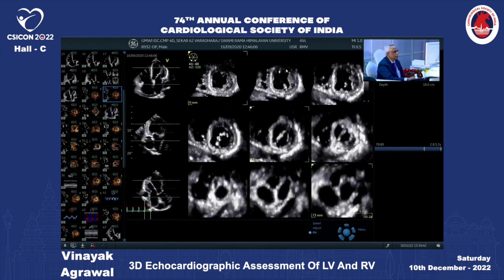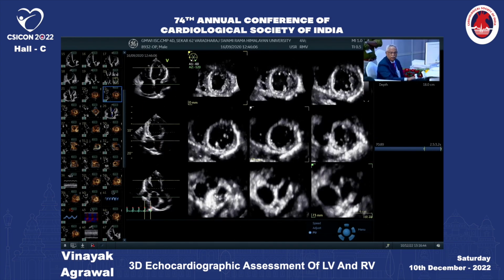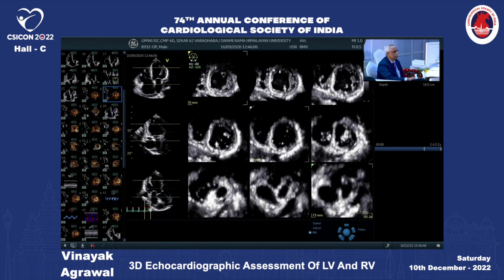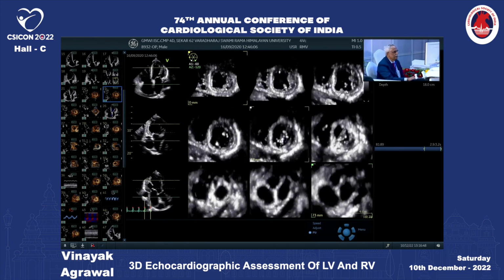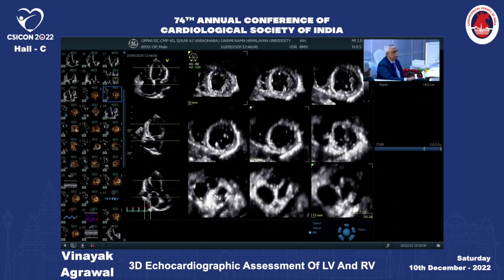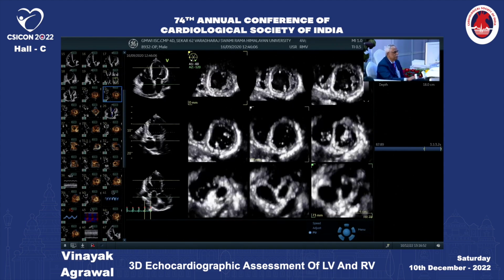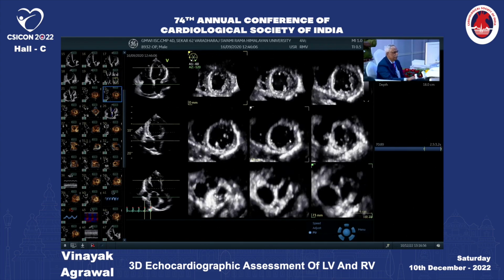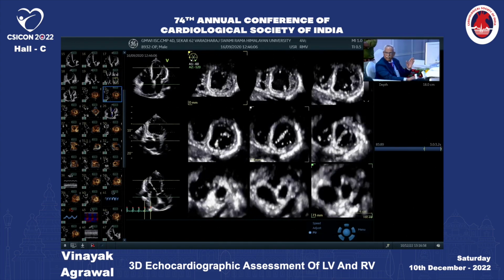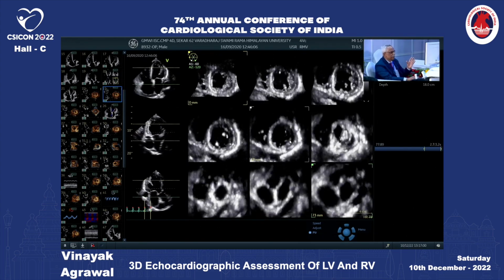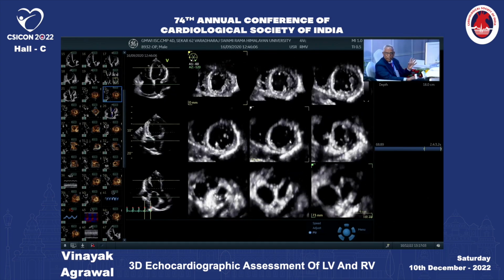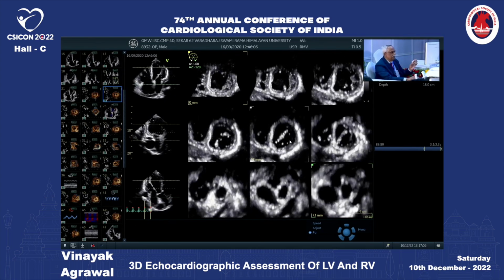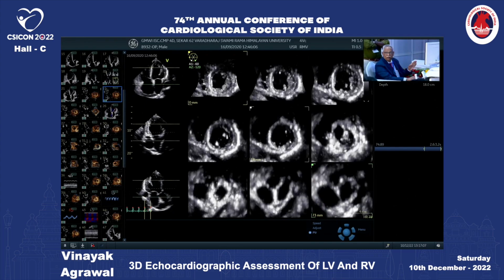You can find out whether the left ventricle is included in the picture. Here you can see near the apex, near the papillary muscle. Here is the papillary muscle. Here you can see the anterior mitral leaflet. Here you can see both the mitral leaflets. So you have to check whether the entire LV is going to be captured. Then switch over to the apical four-chamber view.